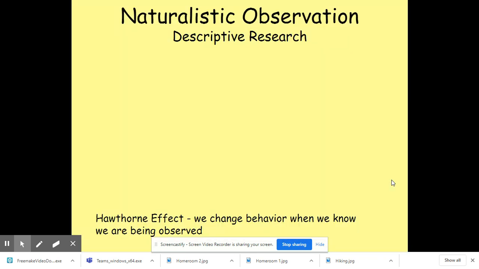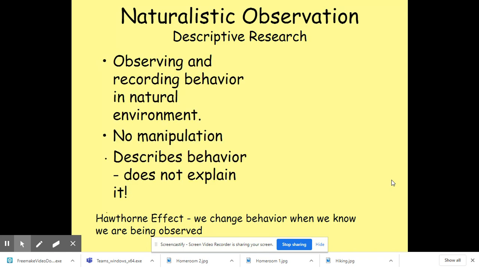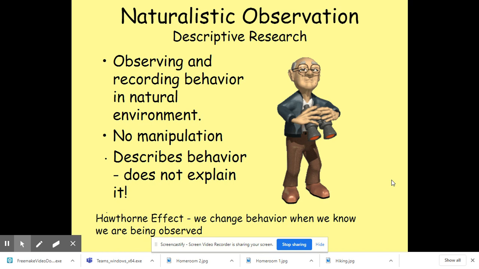Okay. All right. The next type of descriptive research is what is called a naturalistic observation. This is exactly what it sounds like. A lot of times when we're researching, if we have a theory about human behavior, we want to try to see that human behavior in as natural an environment as possible.